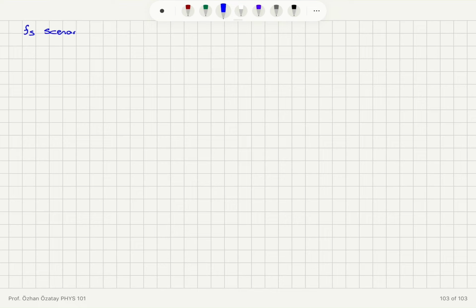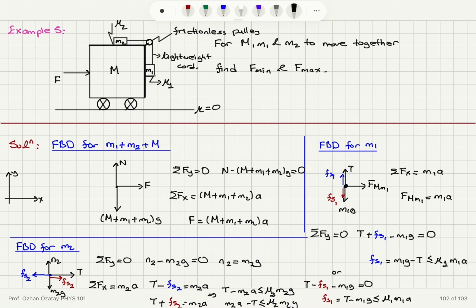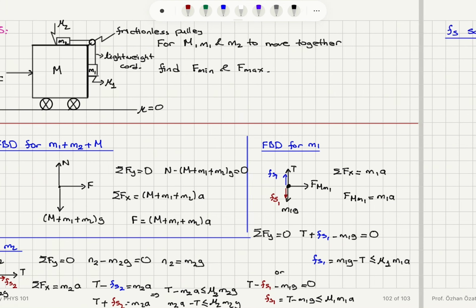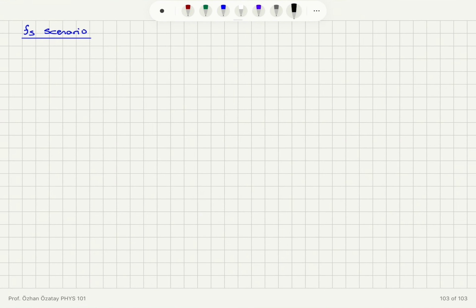So let's work with the first scenario, where I have the static friction pointing up on M1 and pointing to the left on M2. In this scenario, I have M1G minus T is less or equal to mu1 M1A.